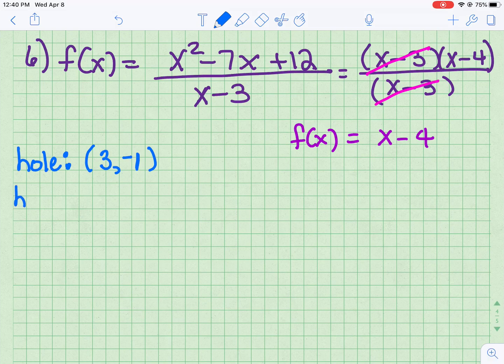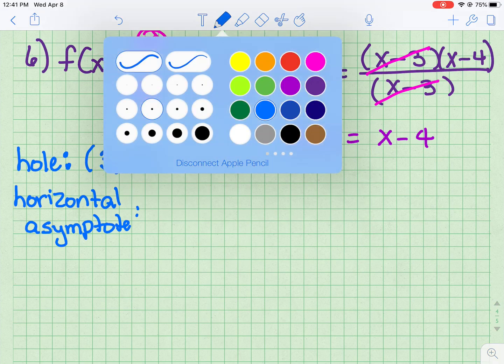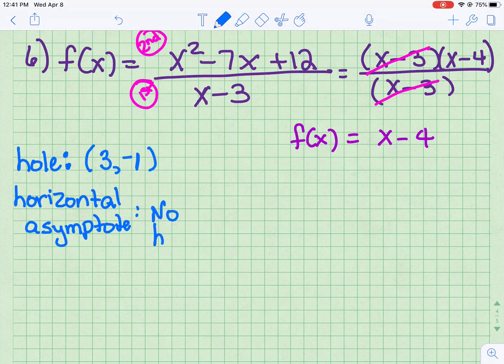And then your horizontal asymptote. We want to look at the degrees: the degree of the numerator is second degree, and the degree of the denominator is first degree. So the numerator is greater than the denominator, therefore there's no horizontal asymptote. I only know that because I'm looking at my notes.